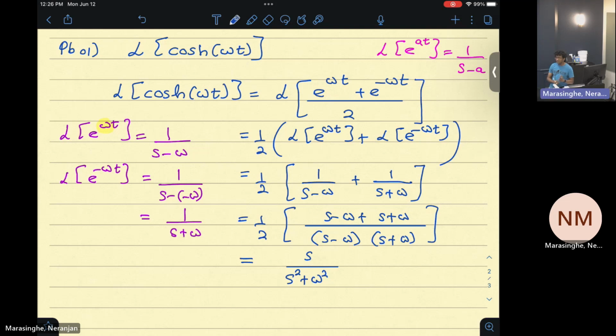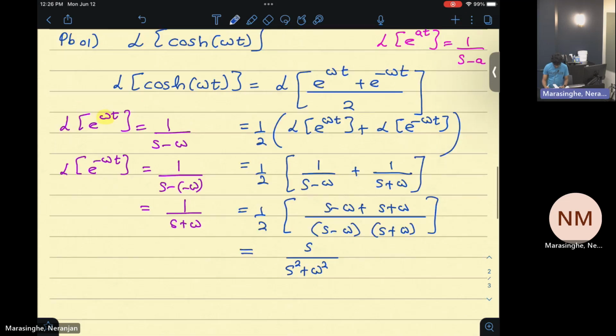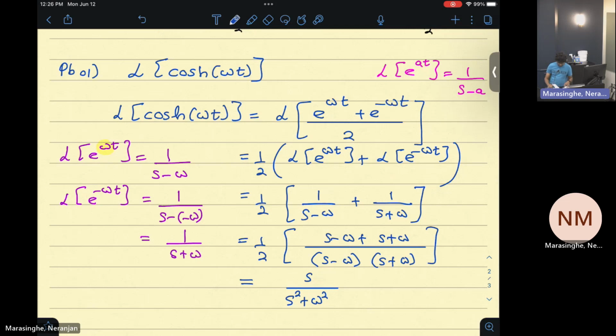Any questions about that? So this is the idea of how to use the linearity in a problem. So let's move on.